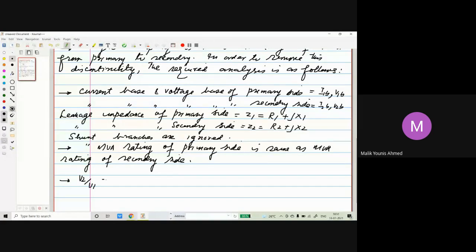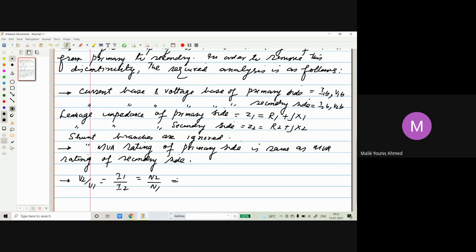V2 by V1 will be equal to I1 by I2, which will be equal to N2 by N1. That is the transformation ratio in terms of voltage, current, and number of turns that you know already.